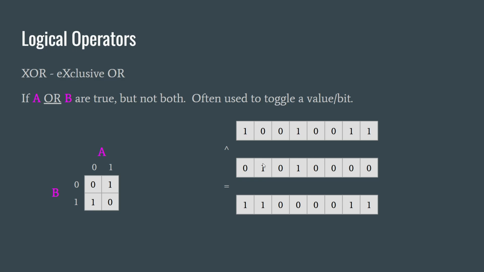And here it has a 0, so it flips it to a 1. So you can see it toggles wherever there's a 1, and it keeps the value for everything else. Wherever there's a 0, it just keeps the value. It's also a parity, right? Okay, so the XOR instruction sets the negative and Z bits like the other logical operators.